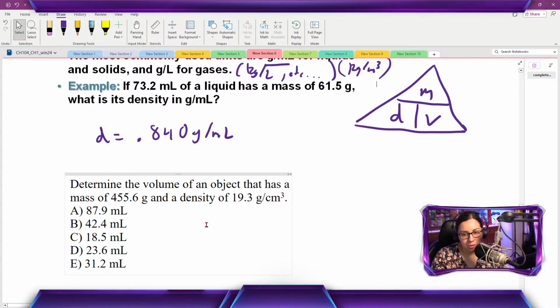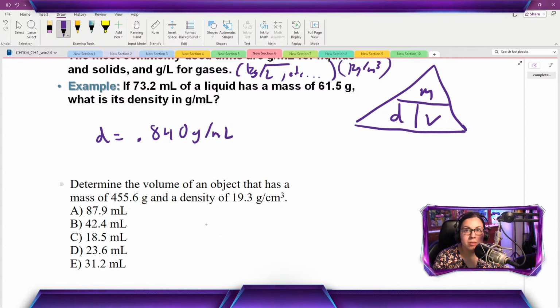Let's try this one. Again, use your triangle trick to help you. I'll give everyone a minute or so. Determine the volume of an object that has a mass of 455.6 grams and a density of 19.3 grams per centimeters cubed.